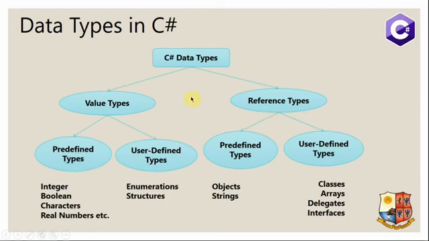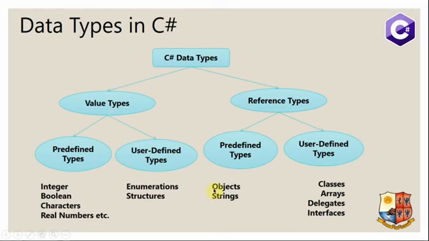The reason why I told all these things is that you should see there are examples given at the bottom of each. In value type, predefined types are integers, booleans, characters, real numbers, etc. All these are predefined value types. But if you create a structure or an enumeration, that is a user defined value type.